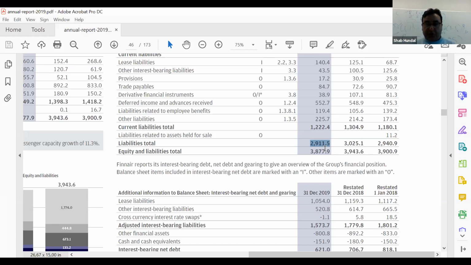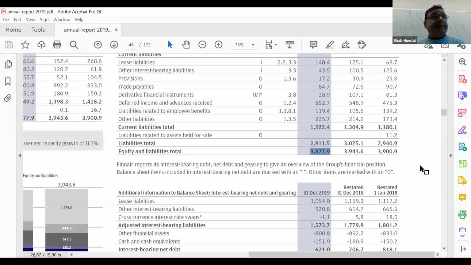And how much is the total liabilities? Total liabilities are 2911.5. So can somebody divide 2911.5 with 3877.9? Can you find it? 75. So can we say that the weight of debt is 0.75, hence the weight of equity is 0.25. So 75% debt, 25% equity.